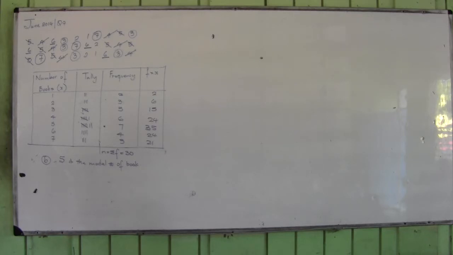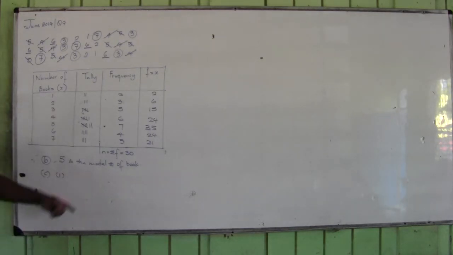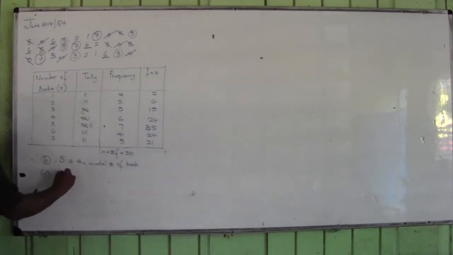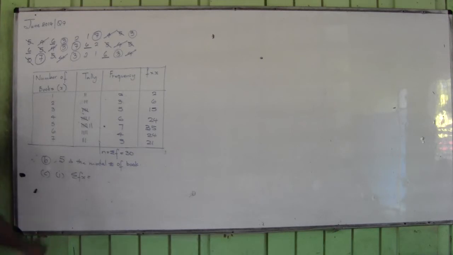C. Using the table in A above or otherwise, calculate the total number of books. Ladies and gentlemen, C is asking for the total number of books. The sum of fx is the total number of books.